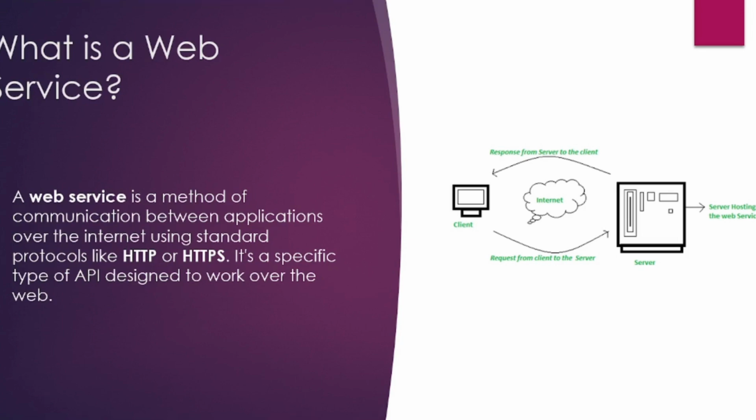Web services are typically used in distributed systems, allowing applications to communicate with each other regardless of their underlying technologies. So the main difference between an API and a web service is that a web service communicates only over HTTP or HTTPS. On the other hand, APIs can use different methods such as HTTP, HTTPS, TCP/IP, or Bluetooth.